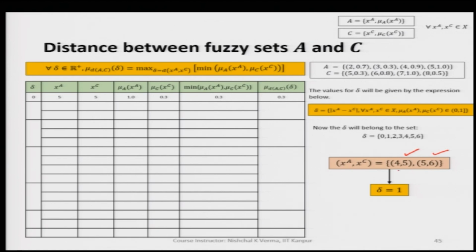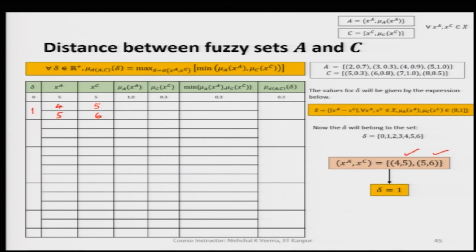So, let us now enter these values. For delta is equal to 1, we have x a 4 and x c 5, and the other pair with 5 and 6.